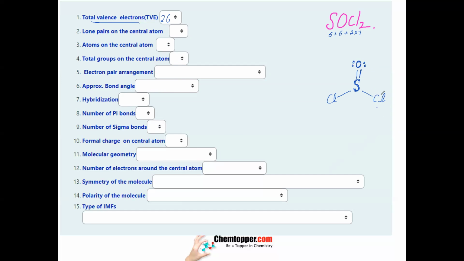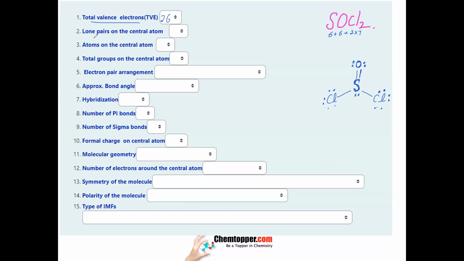Agreed? I gave you the rule. How many are used? How many are left? So where will these two electrons go? Rule number 5 in my notes. They will go on the sulfur.